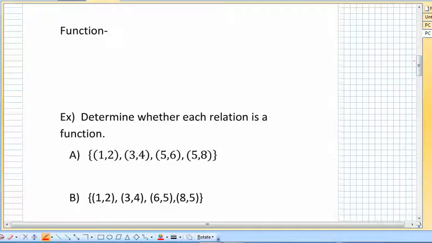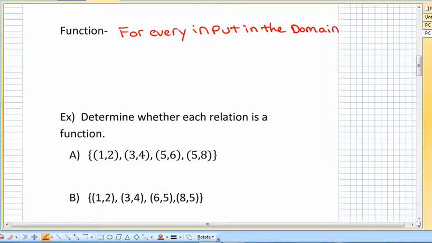A function. Well, what is a function? A function basically means for every input in the domain, there is exactly one output in the range.